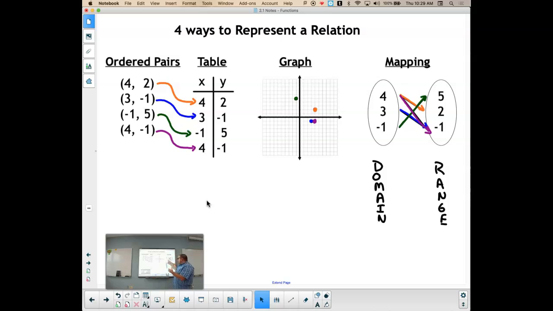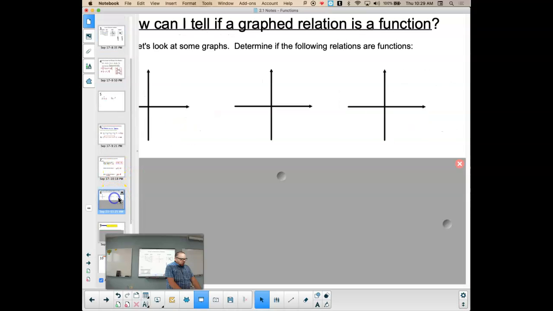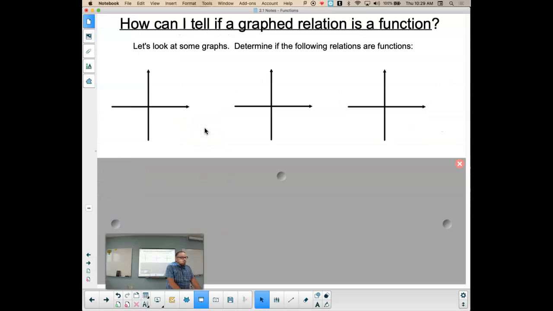In a mapping, we look for 2 arrows coming out of the same one. Okay? On a graph, though, how do we tell if a relation is a function? Well, that's actually relatively easy.